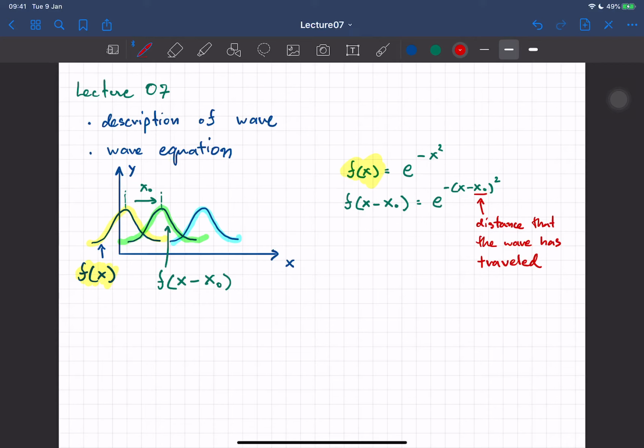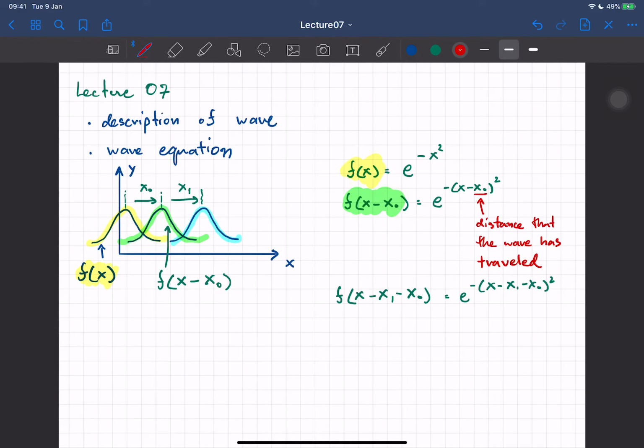And for the blue one, it travels for another distance, let's say x1. So you know by now how the blue one is going to look. So the blue one is essentially just f of x minus x1 and then minus x0, because it moved all together for the distance of x0 plus x1. So the whole thing is going to move like this, and the function is going to look like this.